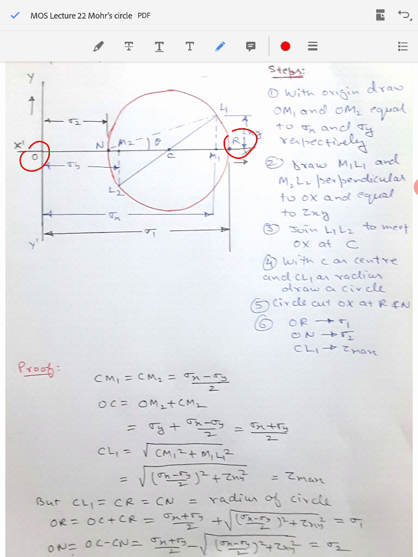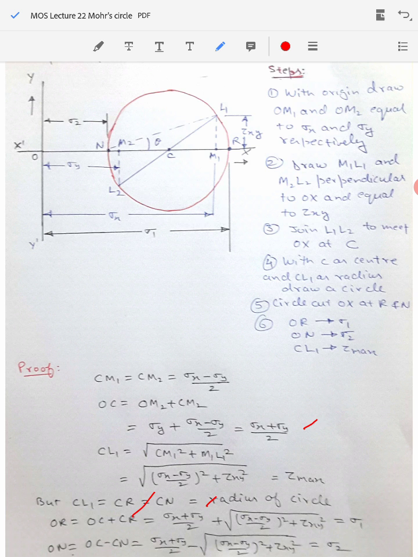So OR can be defined as OC plus CR, that means O to C, plus C to R. The value of OC we know is equal to (sigma x plus sigma y) by 2.